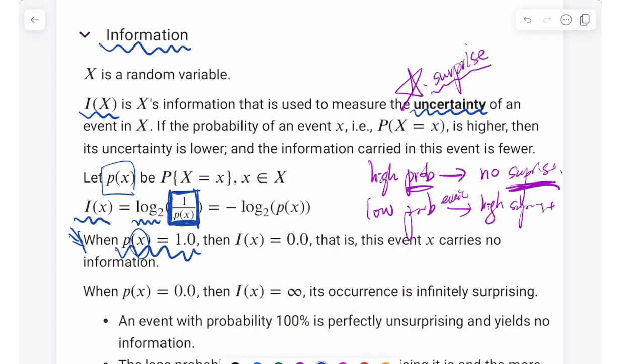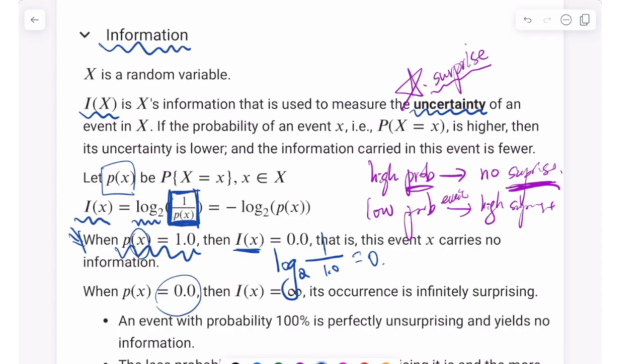So if we put it this way, that is log 2 of 1.0, and that value is 0. That means no surprise. So the information indicates the value of surprise, and 0 means no surprise.